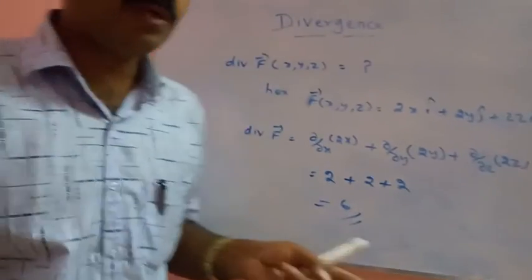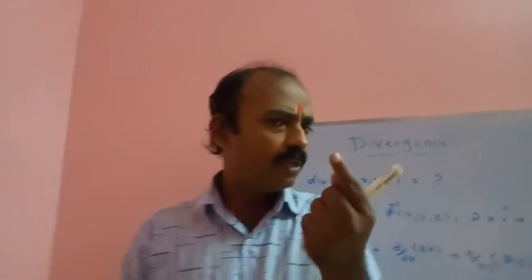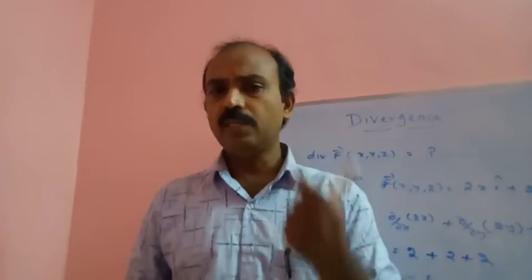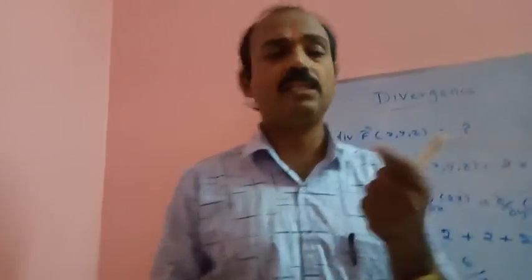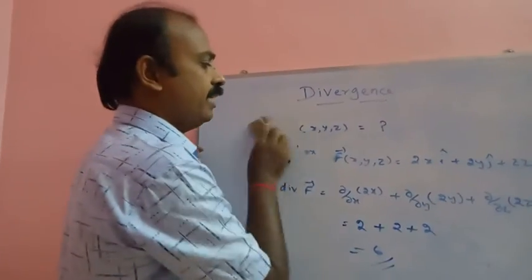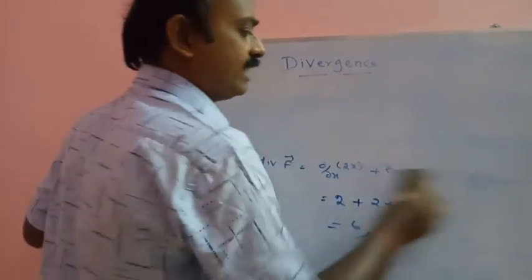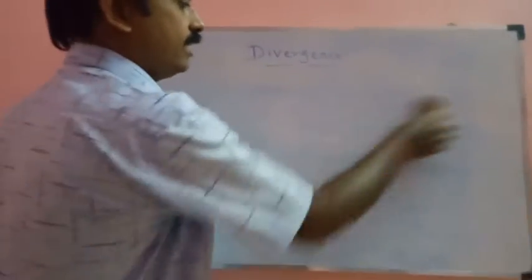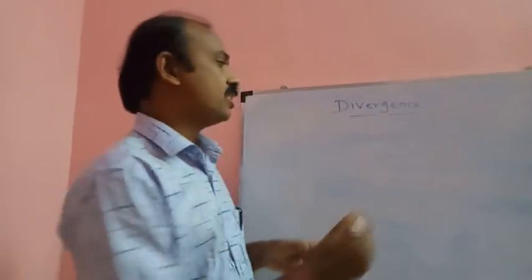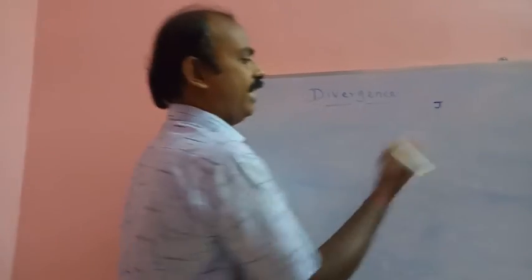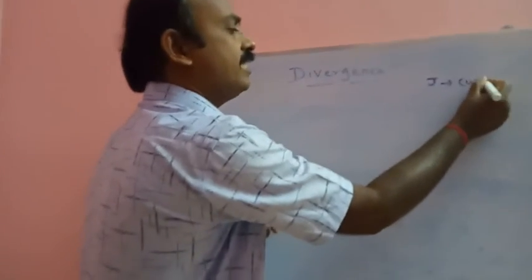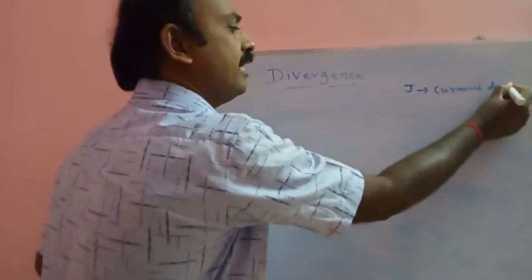Then finally I am going to explain the symbolic representation for current density and charge density. Current density J and charge density rho are going to be expressed in terms of divergence. What is meant by current density?